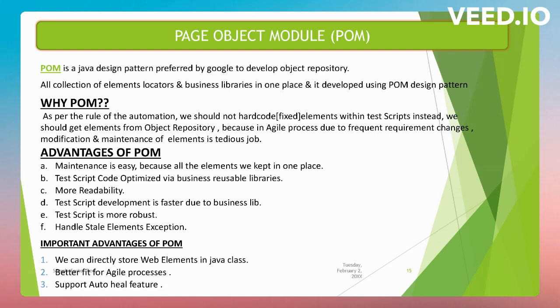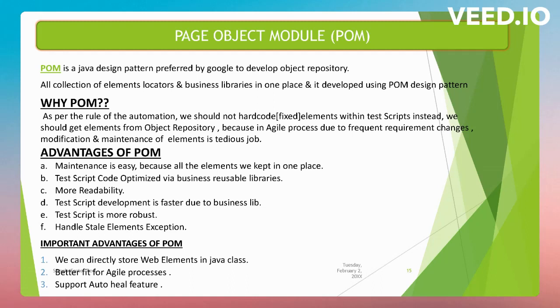If we call a package into our script this way, it reduces the code and makes it easier for the automation engineer to code. The advantage of POM: maintenance is easy because all the elements are kept in one place, test script development is faster due to the business library, and it handles stale element exceptions.